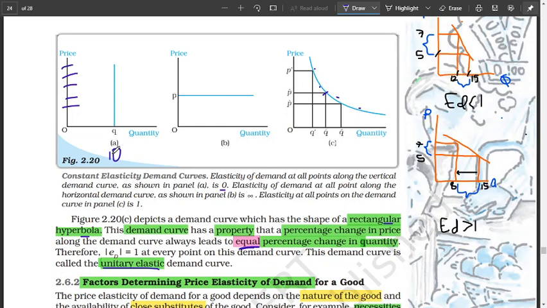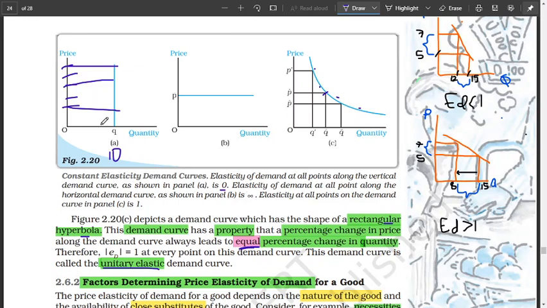So your response is zero. Price is 5 rupees, you buy 10. Price is 15 rupees, you buy 10. Price is 25, you buy 10. Price may fall, price may rise. No response, zero. That is the type of elasticity where ED is equal to 0. But this is the case of perfectly inelastic.